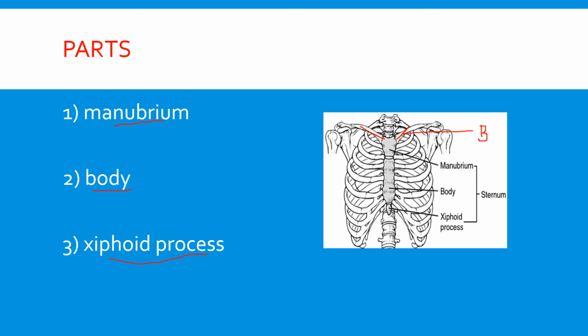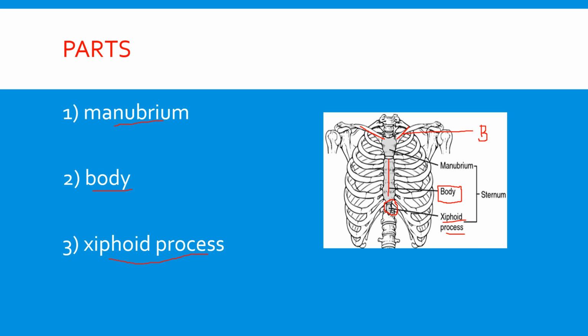So the manubrium is the portion of the sternum that attaches to your beauty bone. The third portion is the xiphoid process, which is mainly a cartilaginous section. The part that is present between the manubrium and the xiphoid process is the body, and it is the longest part of the sternum.